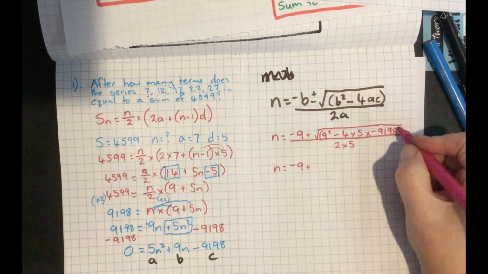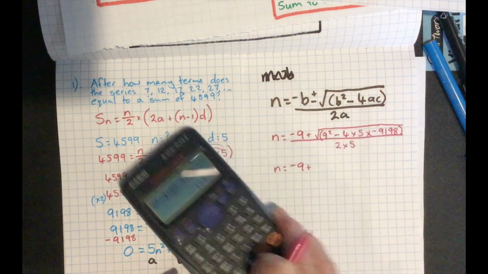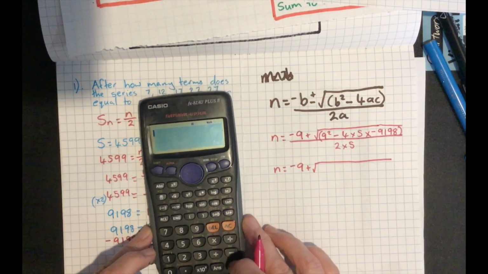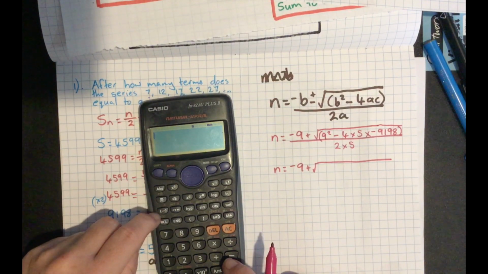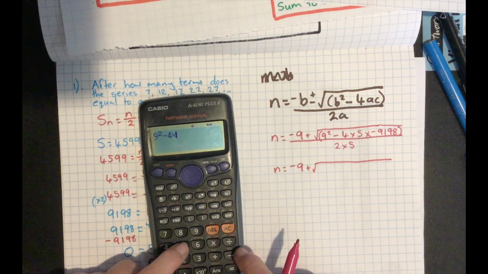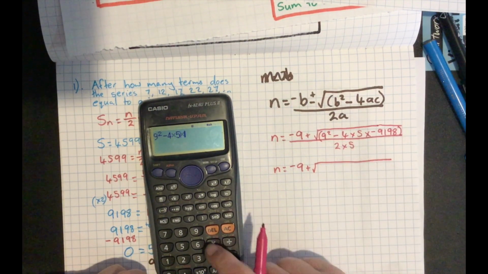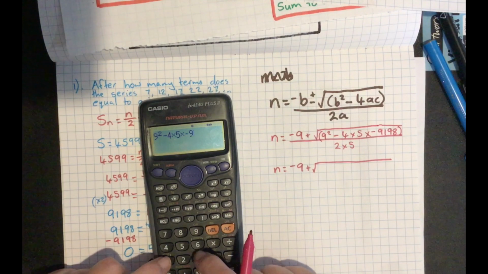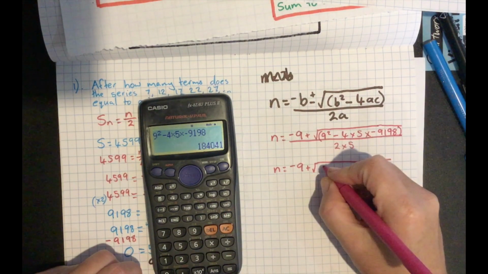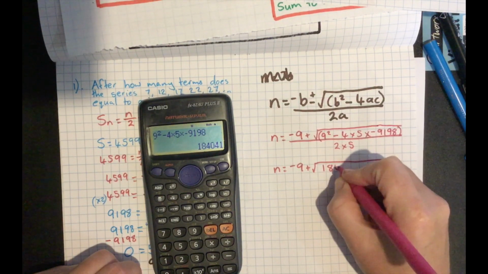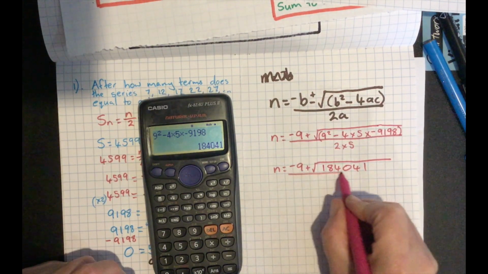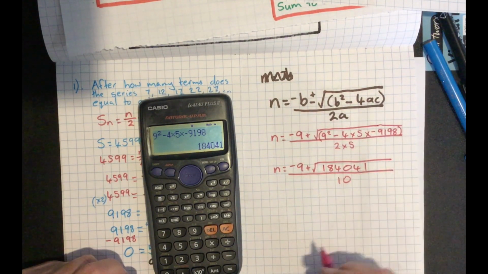I'm going to do the bit inside the brackets, and I can do that part straight up in my calculator. So we've got 9 squared, take away 4 times 5 times negative 9,198, and that gives me 184,041. Alright, divided by 2 times 5 is 10.